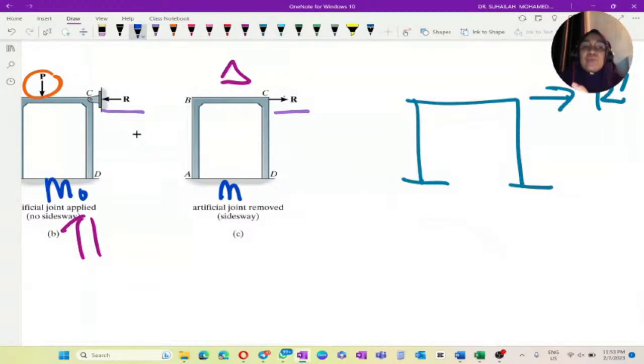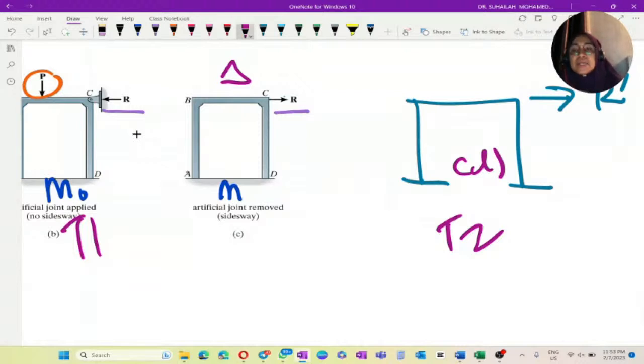This is the one that we analyze under table number 2, the ABCD diagram. We cannot assume the FEM for C, but we can assume FEM for D due to R prime. The end moment from table number 2 we label as M prime.